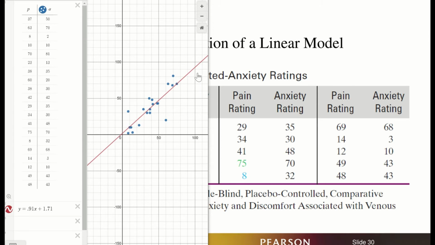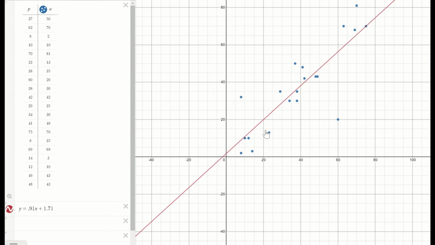I also graphed, let me make this larger, these points from the example and the graph that they told us to graph. So this is the line they wanted us to graph. And if you notice, the line does in fact seem to represent these linearly associated data quite well.